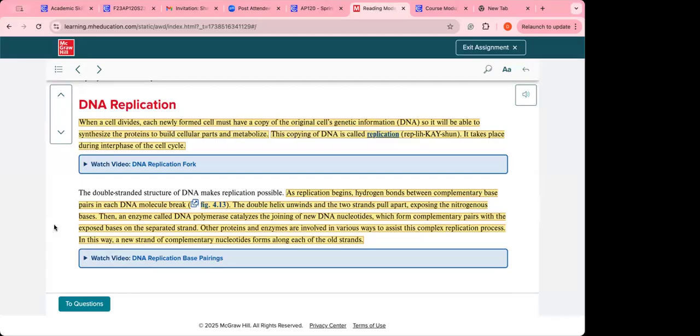Other proteins and enzymes are involved in various ways to assist this complex replication process. And in this way, a new strand of complementary nucleotides forms along each of the old strands. So we have two old strands, and we have a new strand of complementary nucleotides on each. Okay, keep going.